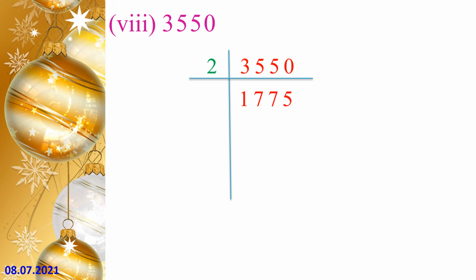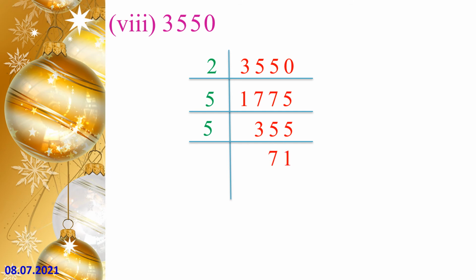Okay, so now it is not divisible by 3. So let us take the next prime factor, 5. So now 1775 divided by 5, we get 355. Now 355 is also divisible by 5. So 355 divided by 5 is 71.